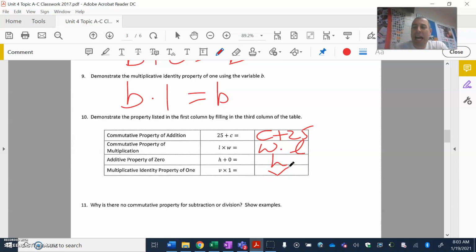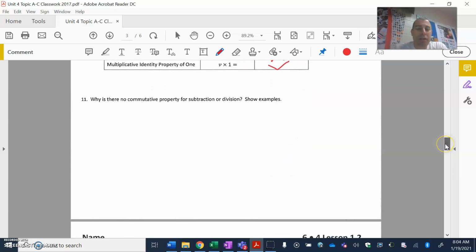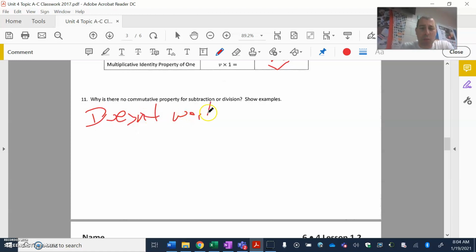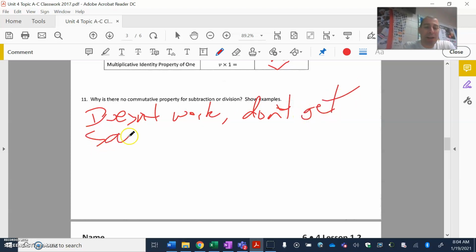All right. And then the last part they're asking here is, why is there no commutative property of subtraction or division? Okay, so this is kind of what we talked about at the beginning. And the main reason why isn't there is that because it doesn't work. All right. Well, what do you mean by it doesn't work? Well, we don't get the same answer.